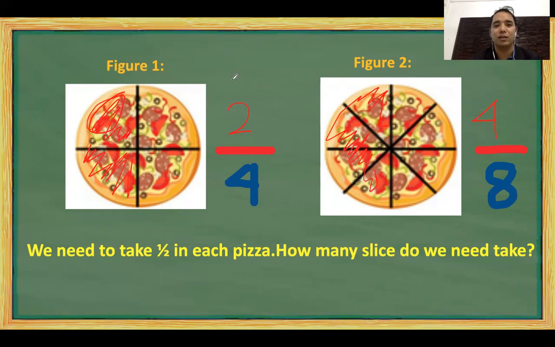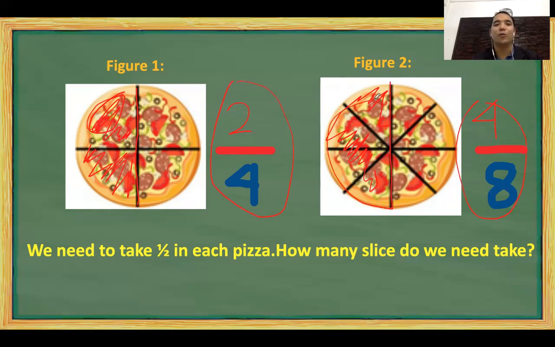So as you notice, the numbers are not the same, right? But the value is the same. It is equal, right? It is half of the pizza.